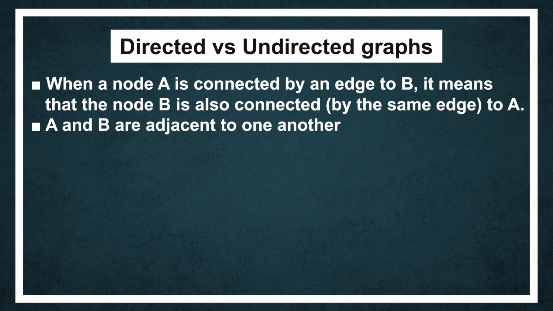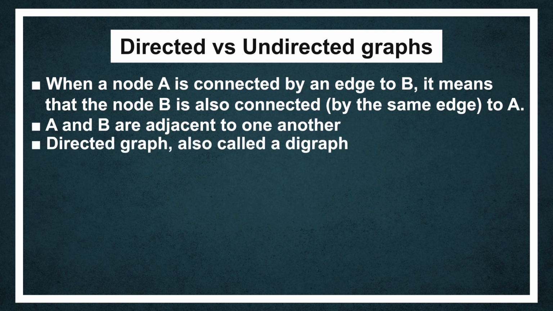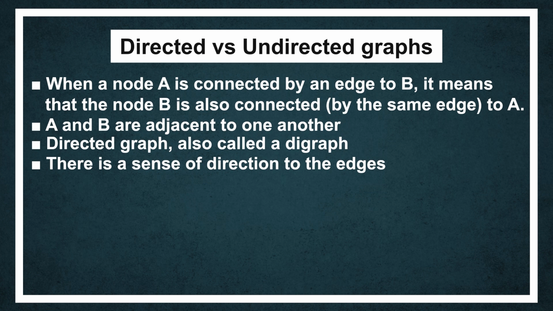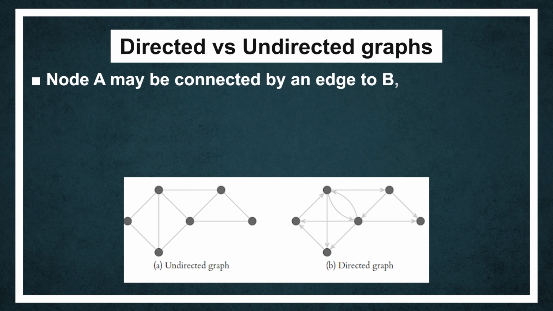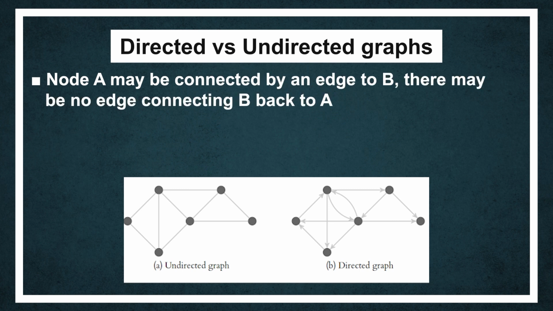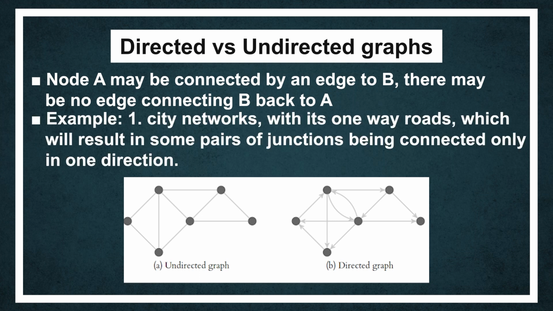On the other hand, in a directed graph, also called a digraph, there is a sense of direction to the edges, as shown in figures A and B. While A may be connected by an edge to B, there may be no edge connecting B back to A. A classic example of a directed network is that of a city road network, with its one-way roads, which will result in some pairs of junctions being connected only in one direction.